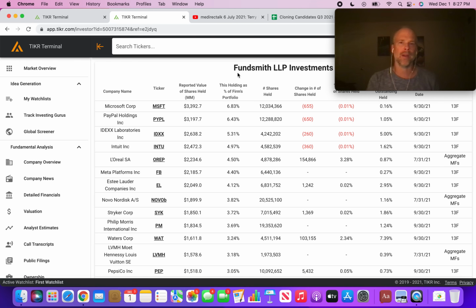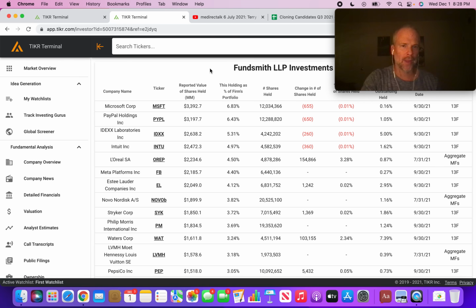And Terry Smith talks about this in basically every presentation that he gives, where the return on invested capital tends to persist over time in each given industry. And so Fundsmith has really figured out what are the 5 to 10 industries that we should really be focused on, and we can ignore the rest.